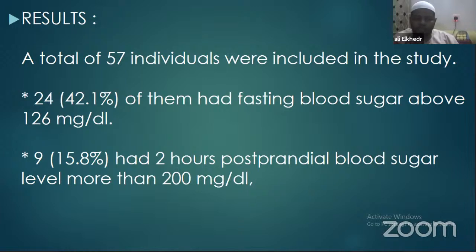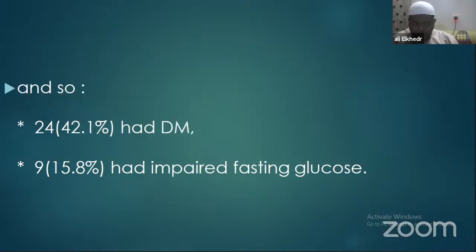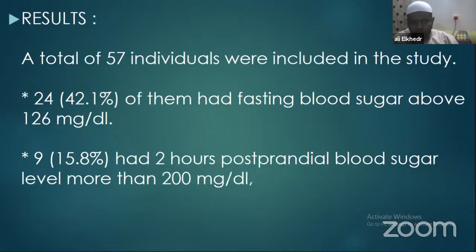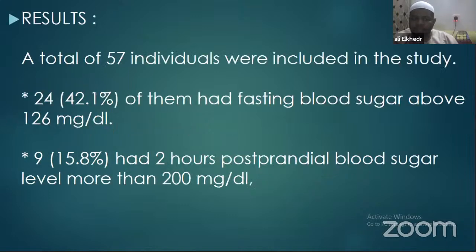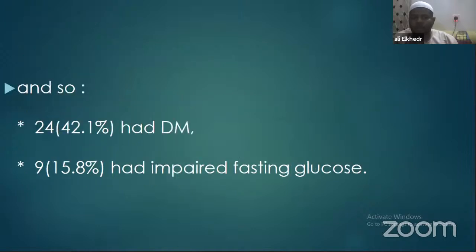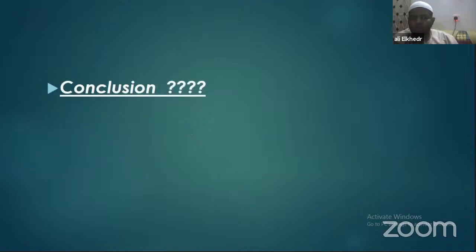And 15% had a 2-hour postprandial blood glucose level more than 200 milligram per deciliter, which was the definition of impaired glucose tolerance. So the conclusion was, what could be the conclusion here?